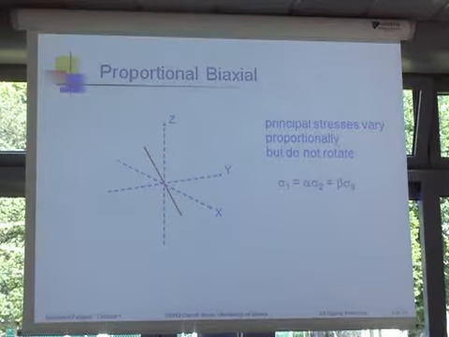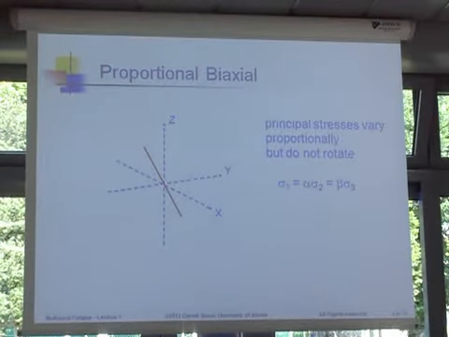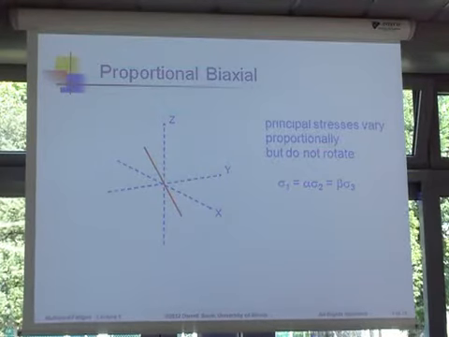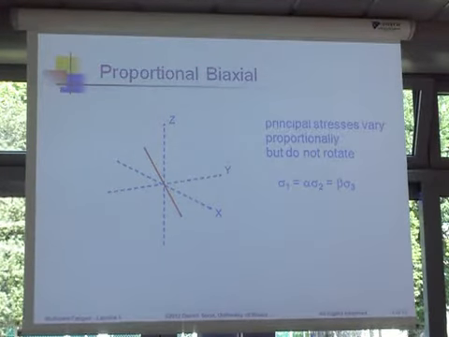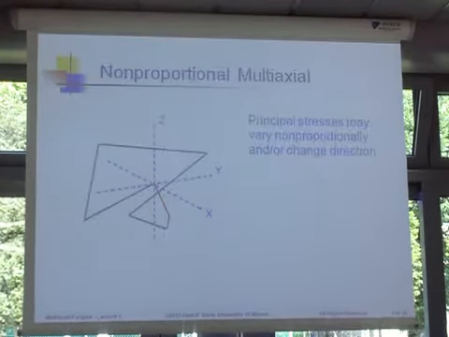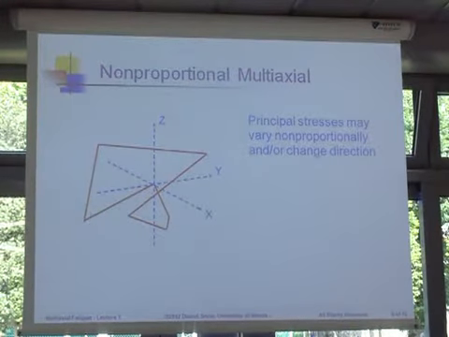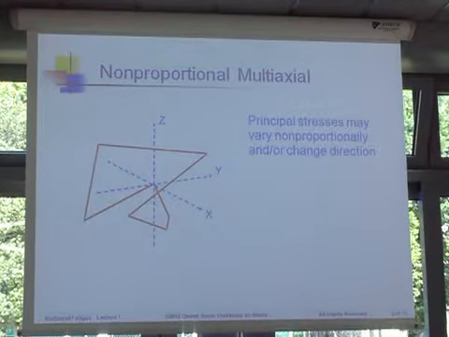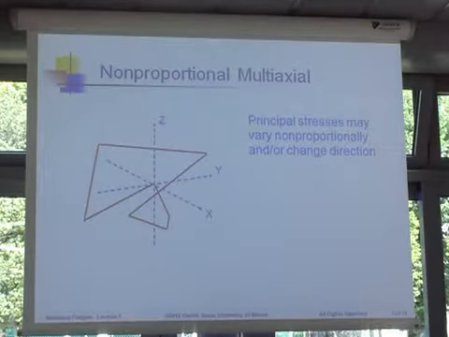If I took this bar and twisted it, then one principal stress would be positive, one would be negative, but they would always be in the same ratio, no matter how I change the loads. And then, of course, you can have some arbitrary path. For example, I load this and I pull this and I twist this, and I pull it and twist it at the same time.